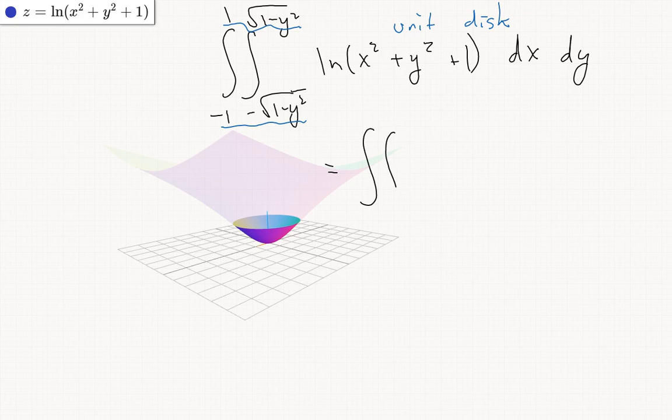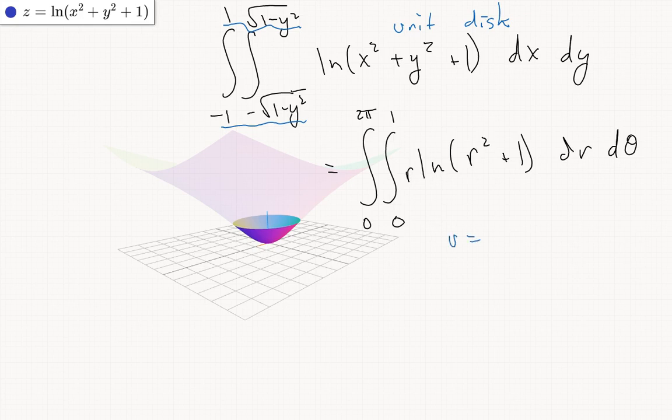So our integral becomes, we'll put theta on the outside, so 0 to 2 pi, integrating with respect to r first. So integral 0 to 2 pi, 0 to 1, this becomes ln of r squared plus 1. And then recall dx dy becomes r dr d theta, so this becomes r ln(r squared plus 1) dr d theta.